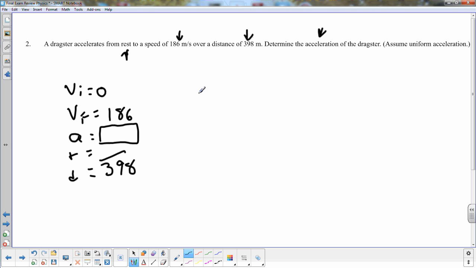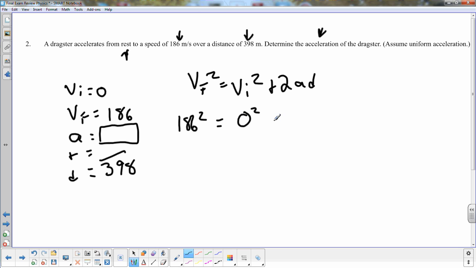Let's see here. There's got to be an equation that we can use that doesn't have time in it. I'm going to say it's VF squared equals VI squared plus 2AD. So VF is 186 squared equals VI squared, 0 squared, plus 2A times 398.